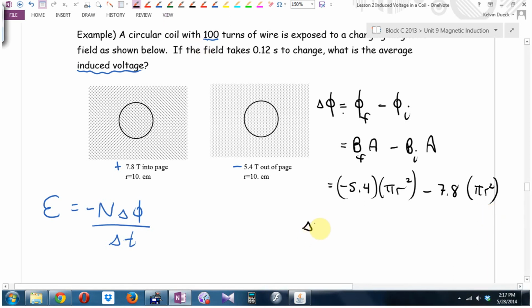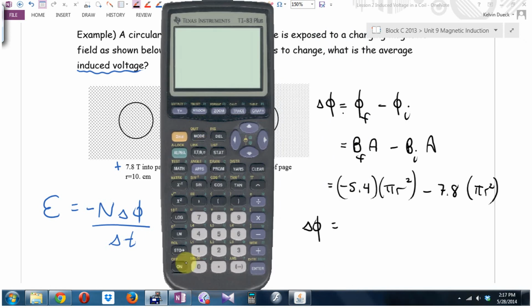So the change in flux is going to be negative 5.4 times pi times 0.1 squared minus 7.8 times pi times 0.1 squared. I get a change in flux of, do you get negative 0.4147? Yeah.